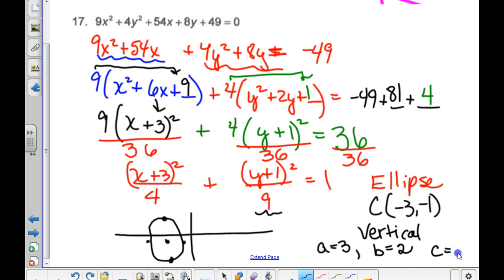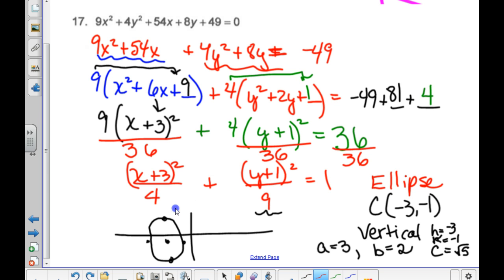Subtract, so we get square root of 5. And tell me one more time, what were H and K? H is -3 and K is -1 from the center, okay? Now you could go back and fill in everything that they asked for on that orange sheet.